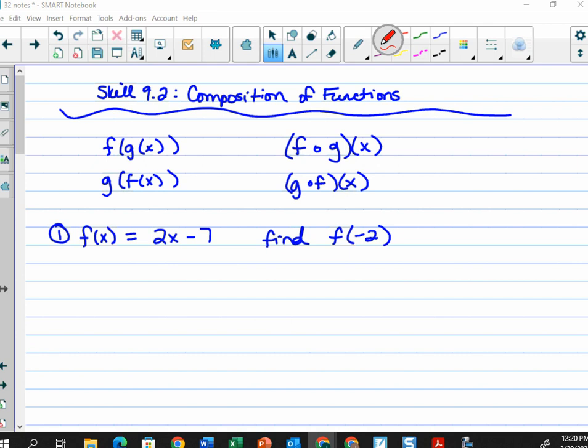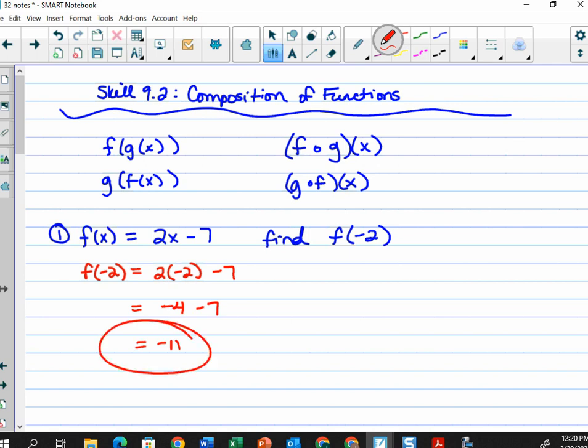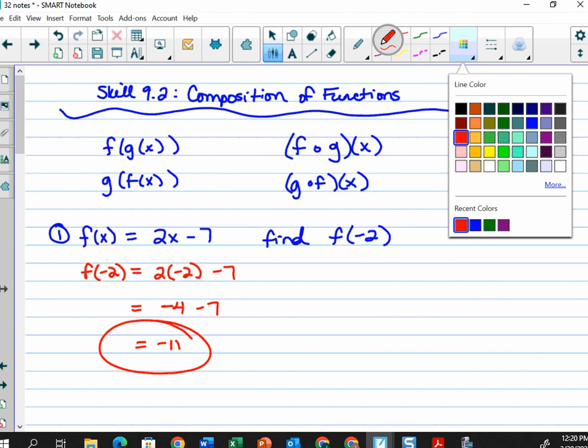All right, guys, what did you get? Negative 11, yes. We remember f of negative 2. You plug the negative 2 in.